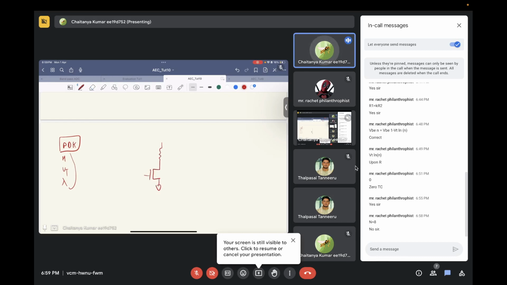So let's say you have a diode. You are designing the diode with a BJT and you design it like this. So this is a schematic design.